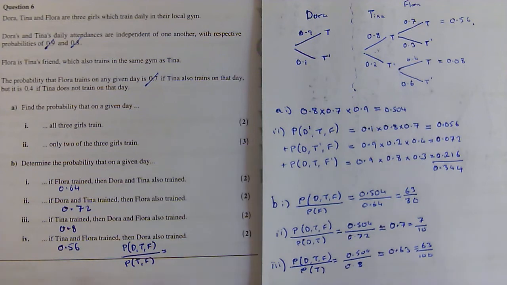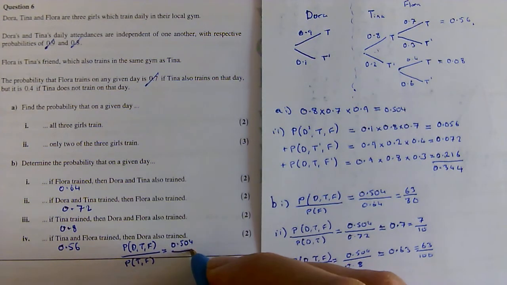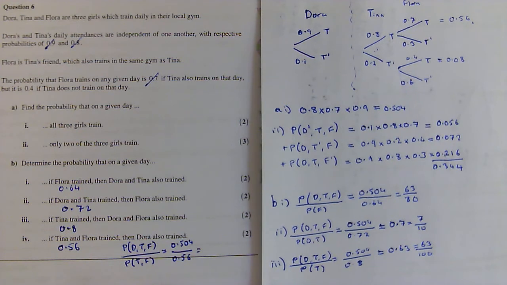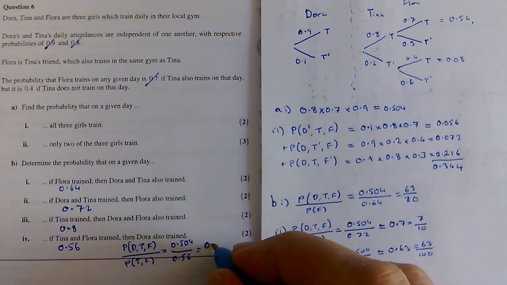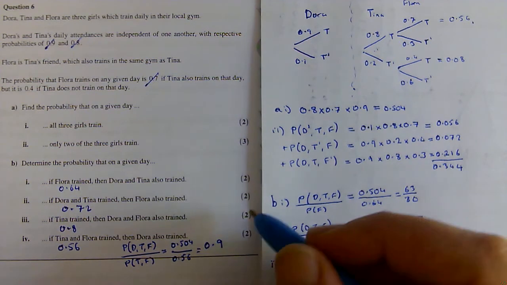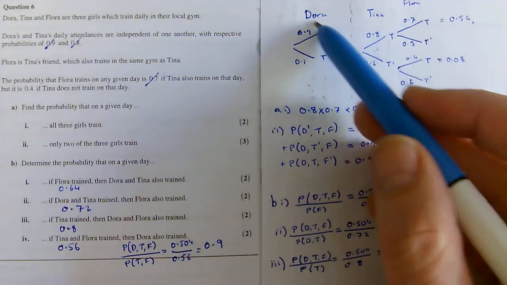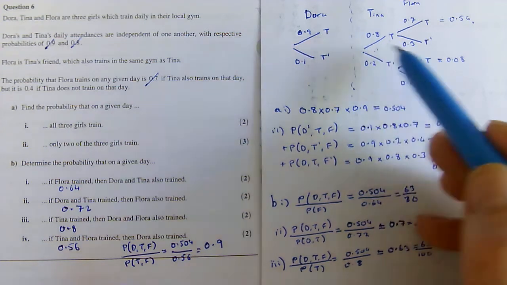The probability of all three of them training is 0.504, divided by 0.56, which gives me an answer of 0.9. Notice that actually I didn't need to do this calculation. My 0.9 is the same answer that I got up here, because in fact we know that Dora's training is independent of whether or not these guys train.